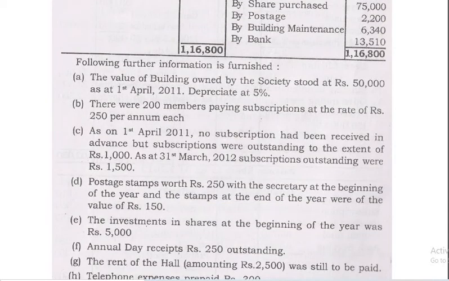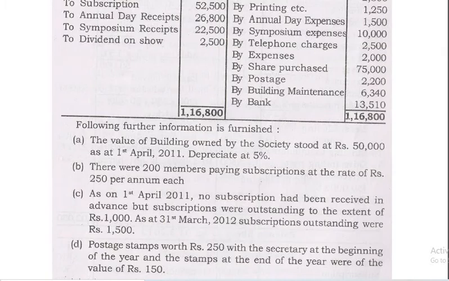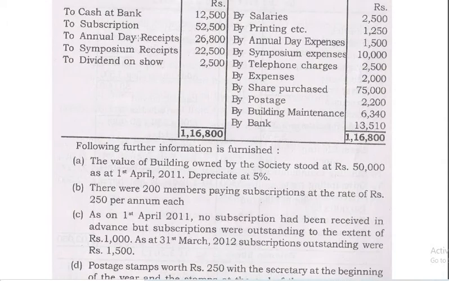So this is receivable, and this will be taken as expense. Annual day expenses 1,500. Alternatively, what you can do is 26,800 add outstanding less annual day expenses. So on the income side only you can finish off the treatment of this item.